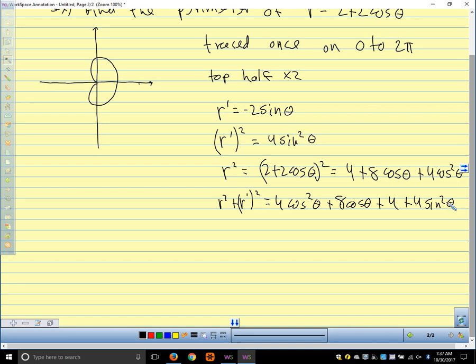All right. Sine squared plus cosine squared is 1, and we have a factor of 4, so we get 8 plus 8 cosine theta, which equals 8 times (1 plus cosine theta).